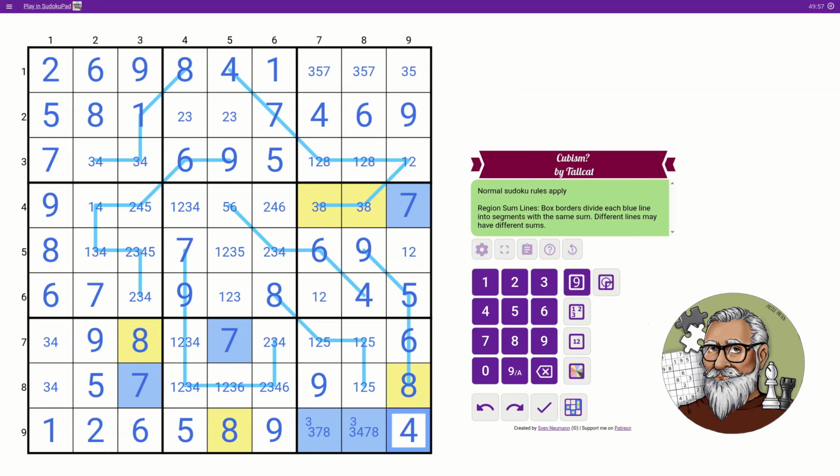This isn't a 4 anymore, so this one is a 4. Right, I do need a 3 here and a 3 there, so this becomes a 3. Or another way of saying that, this is the only place where we can have a 3 in column number 9.